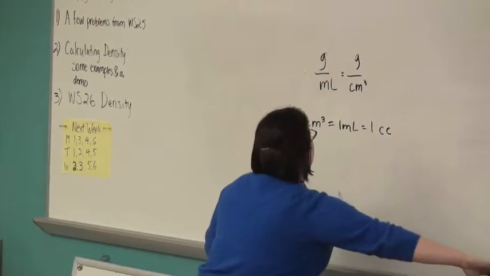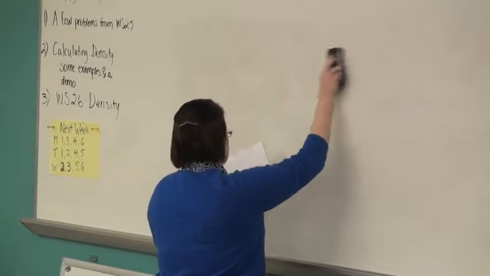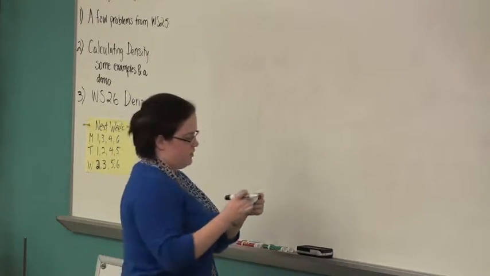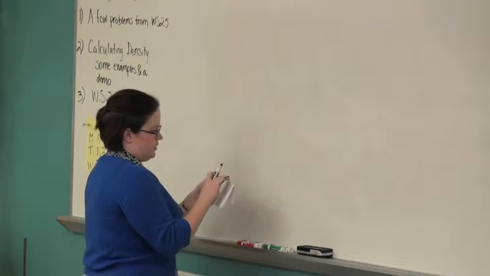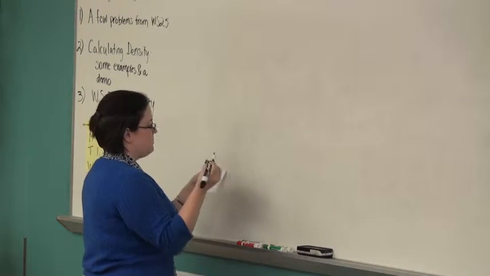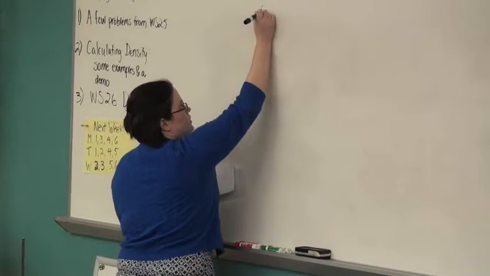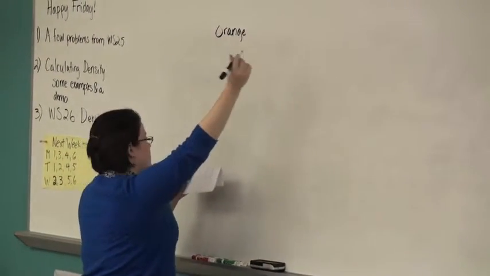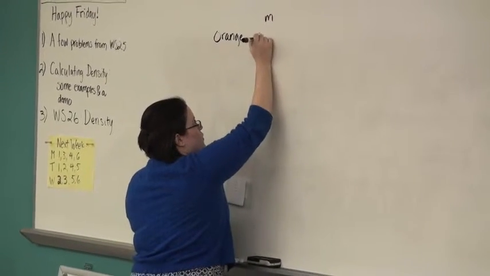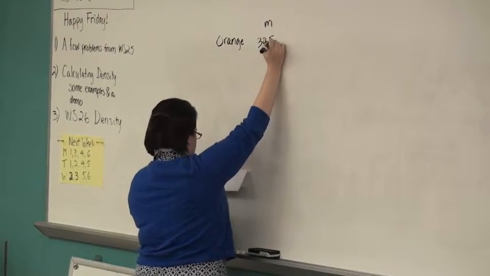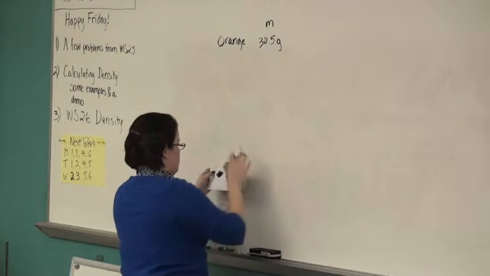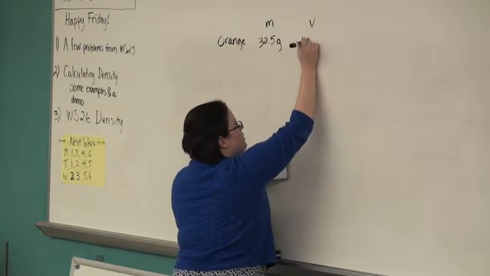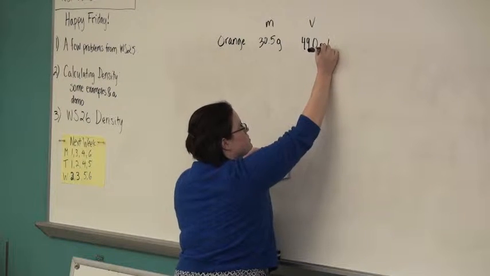Okay. So I have these 5 liquids with different colors. I need you all to have out your calculators so that we can calculate these densities quickly. The orange liquid has a mass of 30.5 grams and takes up 49.0 milliliters.